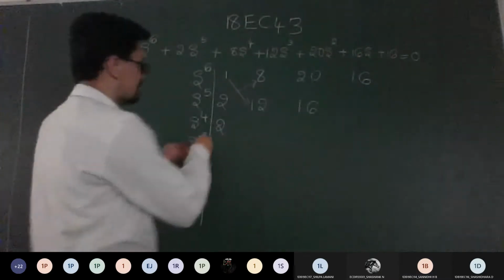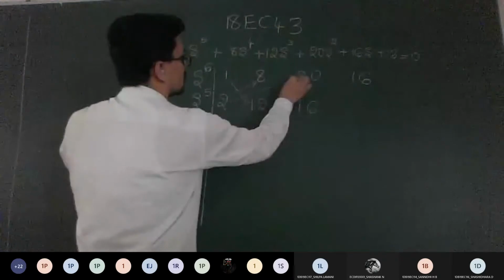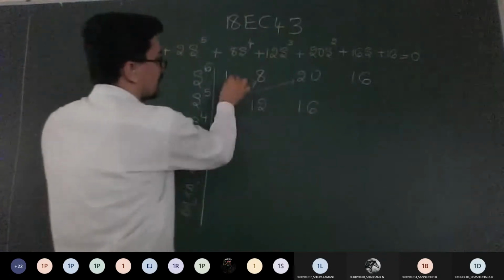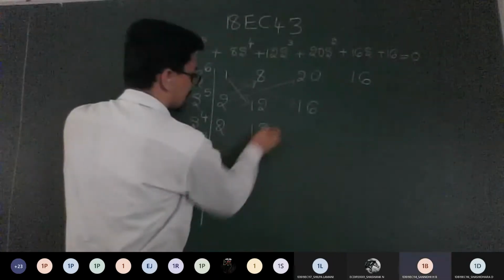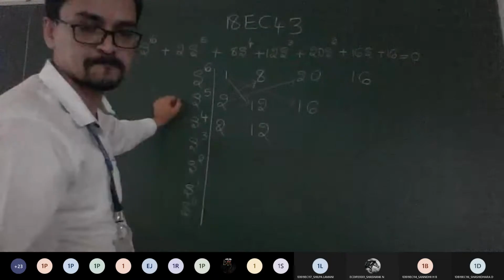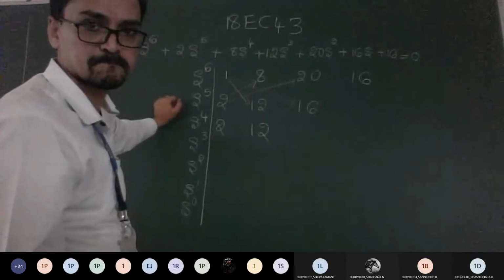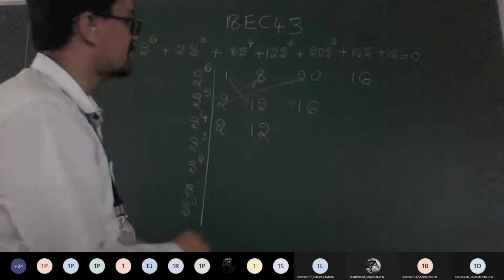Next, again 2 into 20 minus 1 into 16, divided by 2. What's the answer? 12. The second answer is 12. Is it correct? Keep solving along with me, guys.